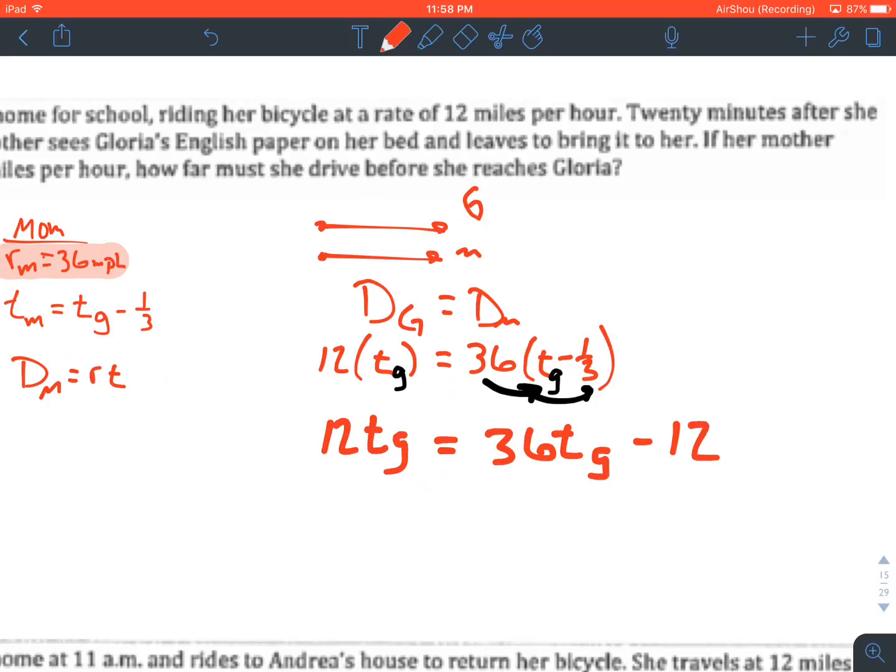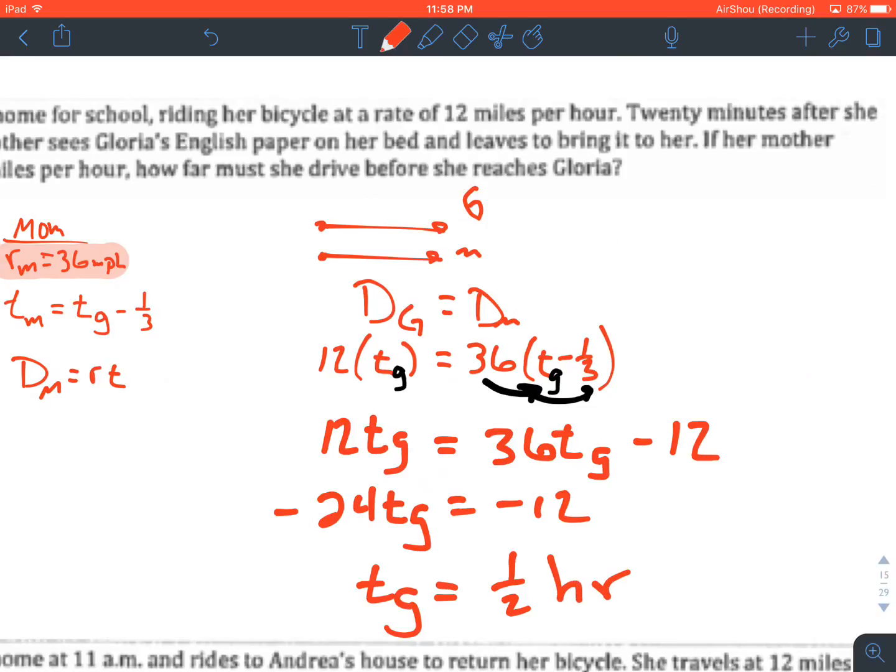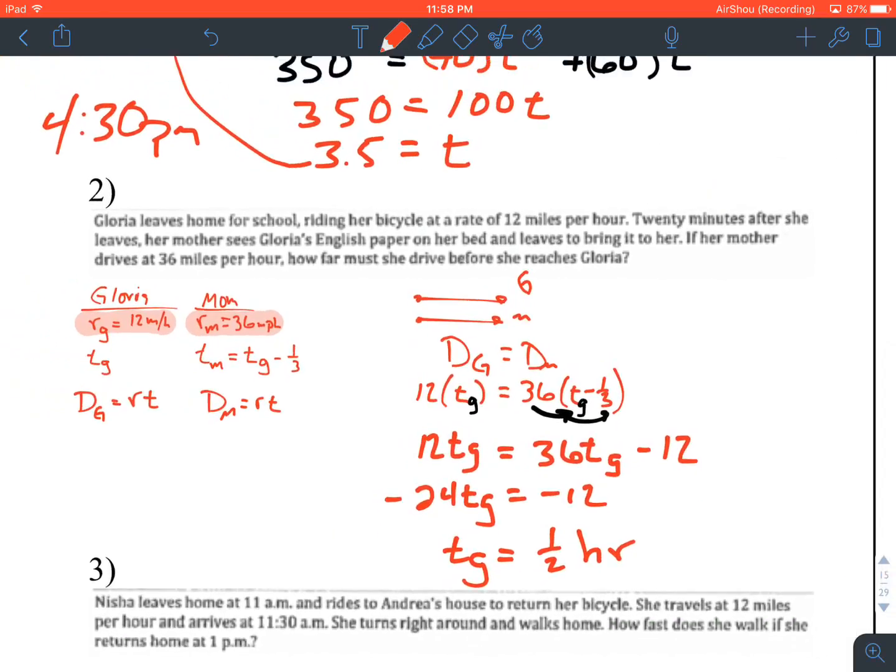If we subtract 36 t sub g from both sides, we're going to get negative 24 times the time of Gloria equals negative 12. If we divide both sides by negative 24, we get the time of Gloria is going to be a half. Talking about time, talking about hours. So Gloria drove for half an hour.